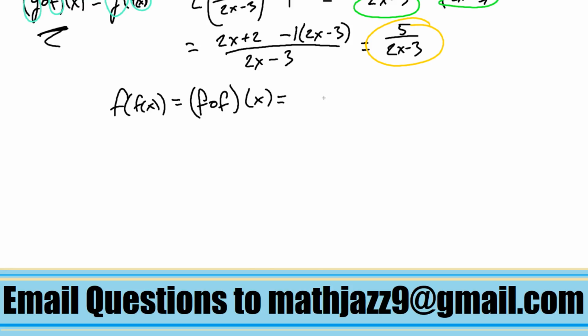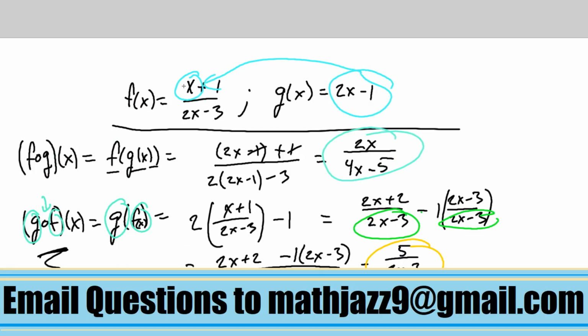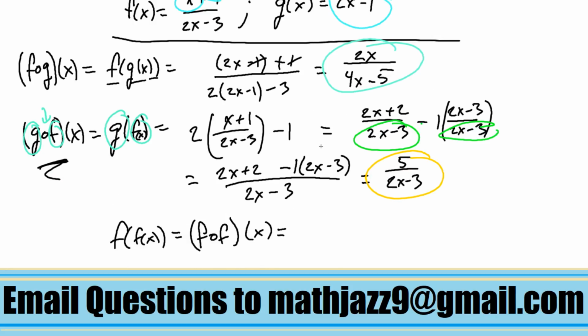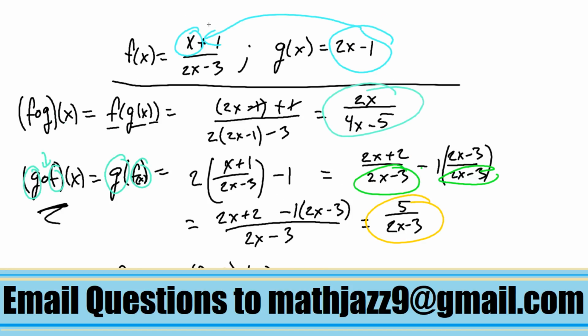Well, everywhere that we see an x, we plug in all of f. So f was this fraction. If you recall, x is here. We're going to put all of f in this location. So we get f plus 1 over 2 f minus 3.